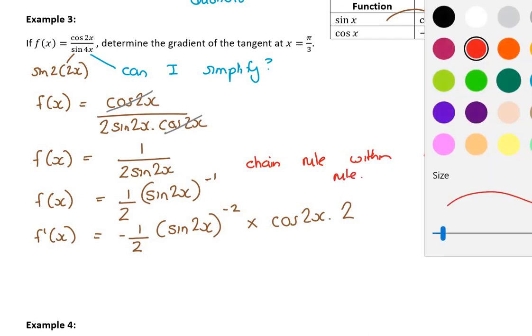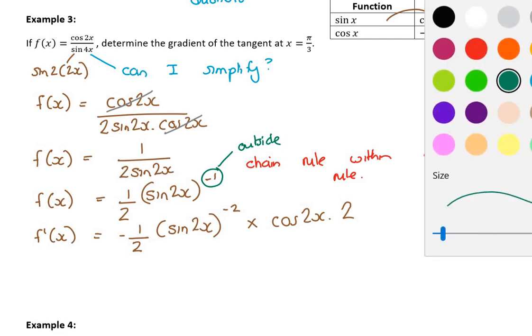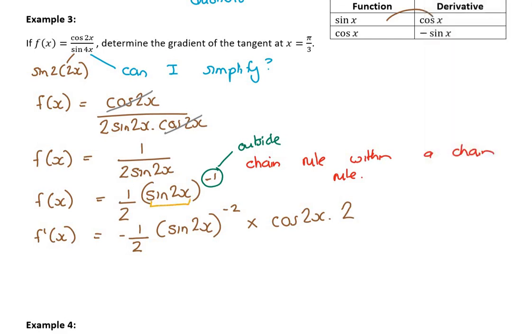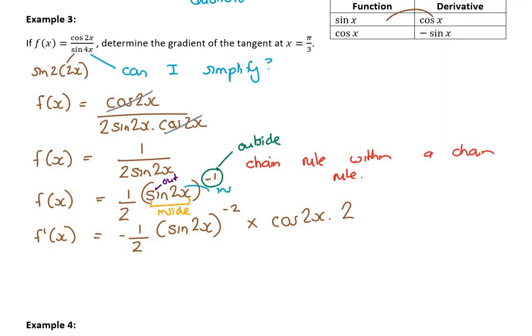So notice that this here was my outside function, and sine 2x was my inside function. But within your inside function, there was its own outside function, and then 2x being the inside function.